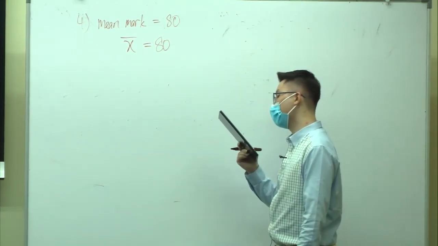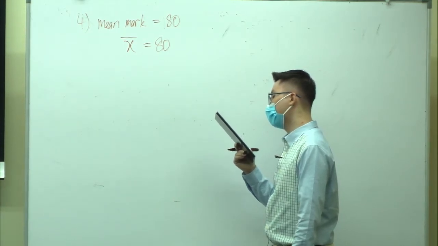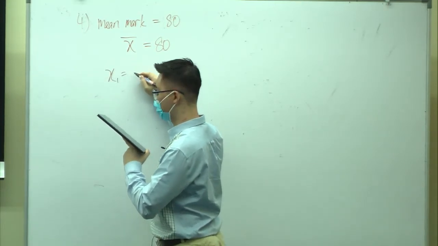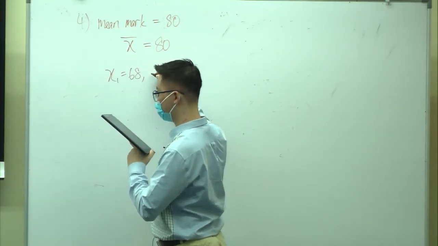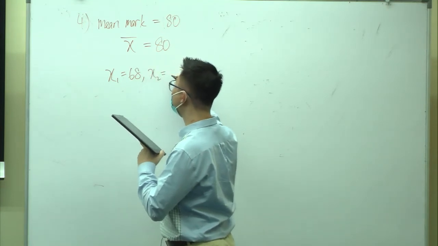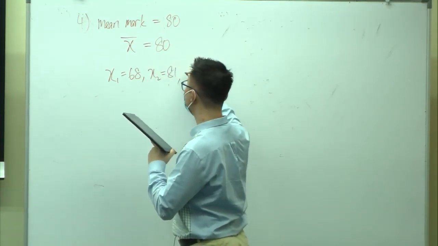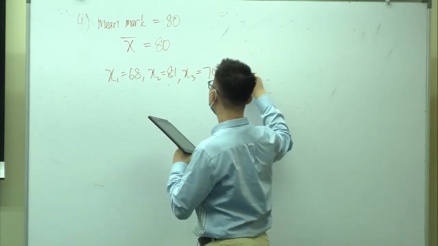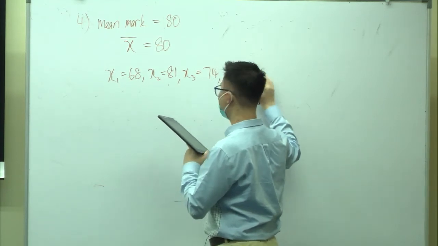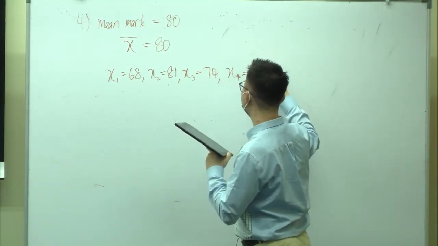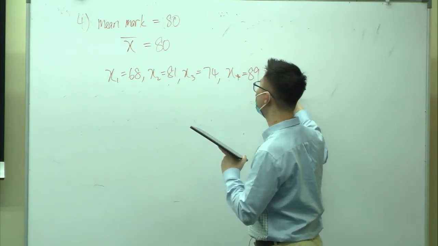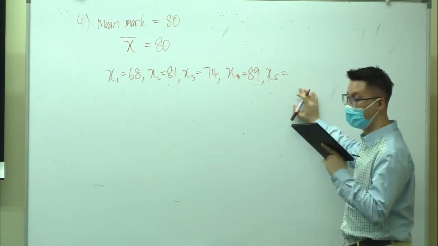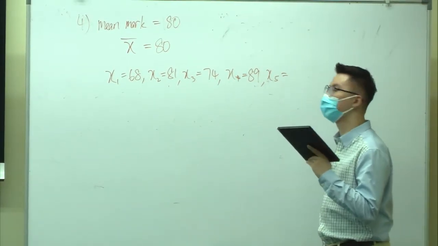So data 1 is 68, data 2 is 81, data 3 is 74, and data 4 is 89. The fifth one is missing.